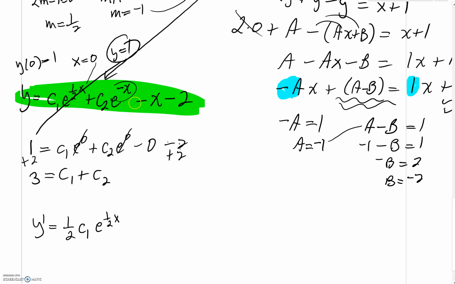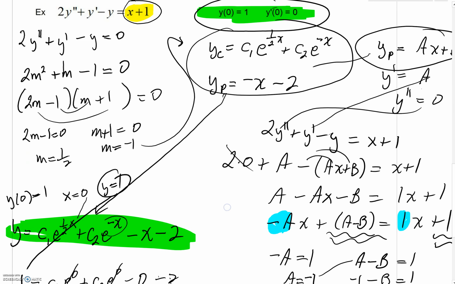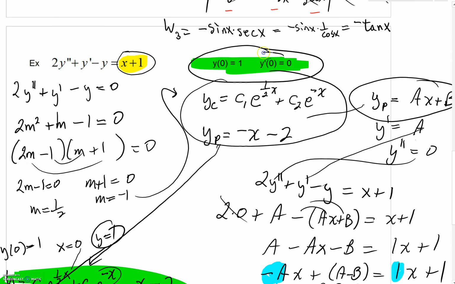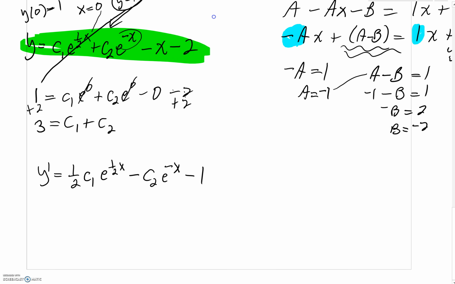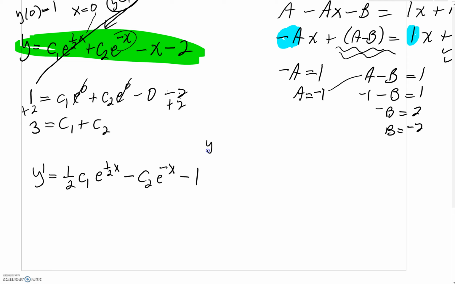Over here, derivative of e to the negative x, a negative comes out. Look at that. Derivative of negative x is just -1, and the derivative of -2 just goes away to 0. So we're well on our way. Now we're going to have y prime of 0 equals 0. So we've got y prime of 0 equals 0. That means when x equals 0, y prime equals 0.